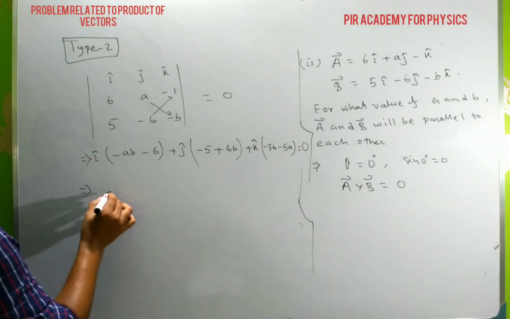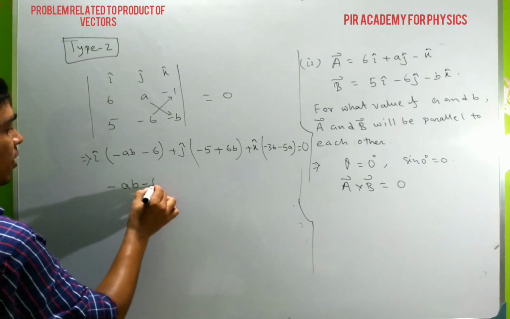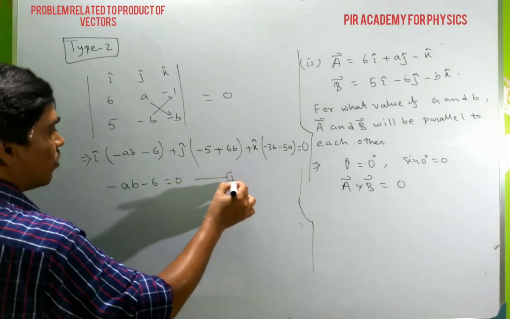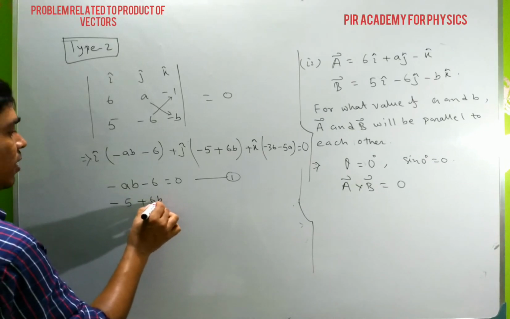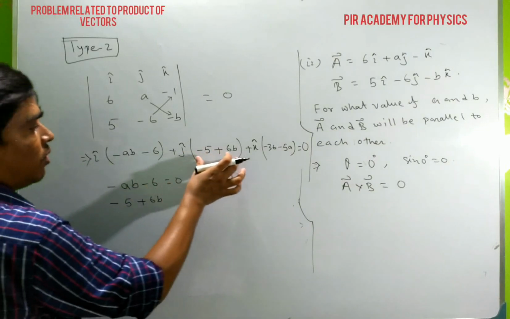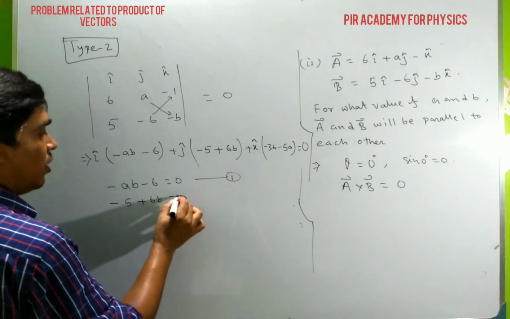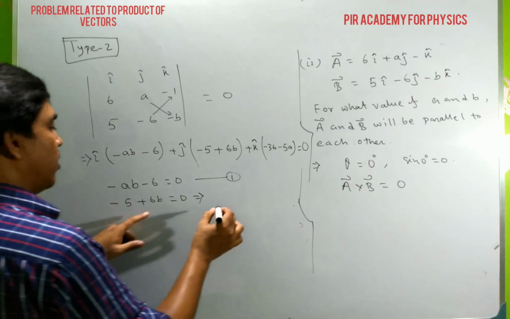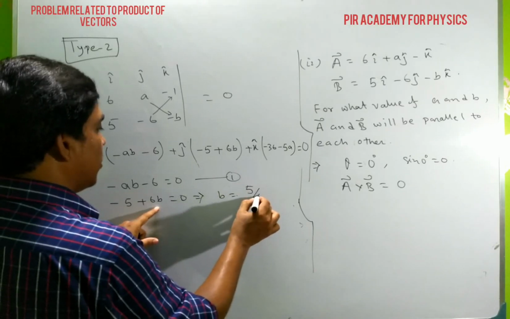That means minus a minus ab minus 6 equals to 0, and 5 minus 5 plus 6b. Equate both sides. That means this must be 0, this must be 0, and this must be 0. This implies b equals to 5 by 6.